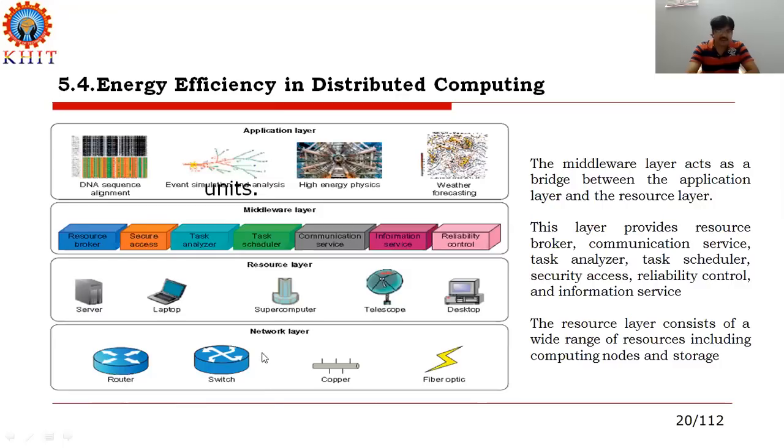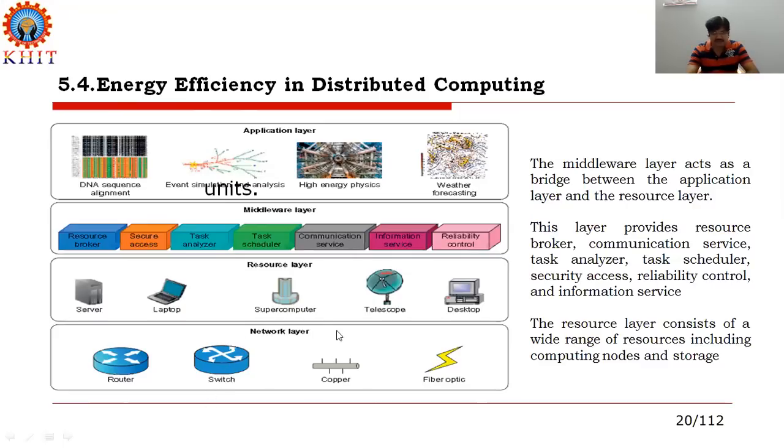Meanwhile, how much energy a switch takes and how much energy a router takes, in terms of speed, throughput, or other factors, can be measured as energy efficiency. That means how we can improve the router efficiency and the switching efficiency.